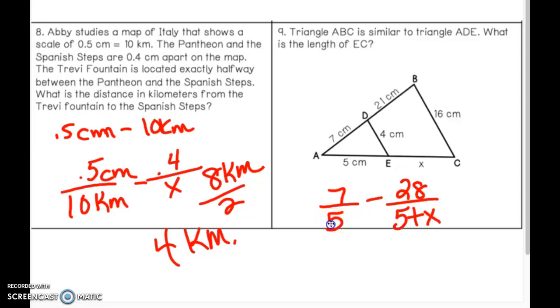Okay, so 5 times 28 equals 140, divided by 7 is equal to 20. So if this part has to be equal to 20, the x has to be 15.